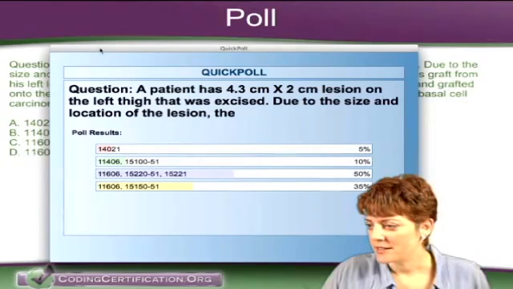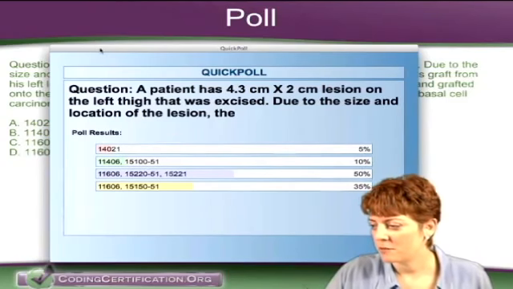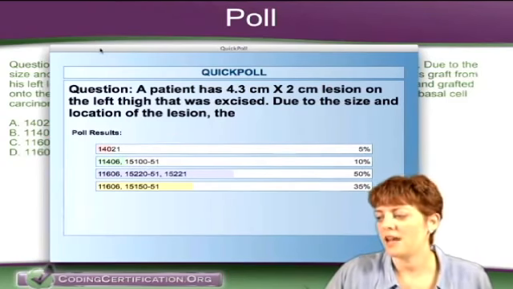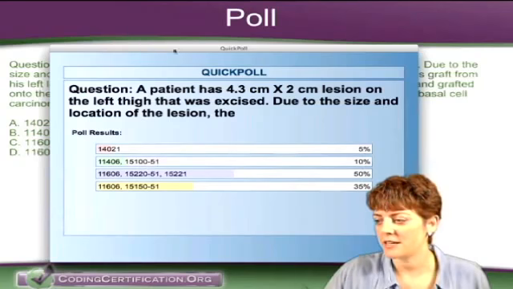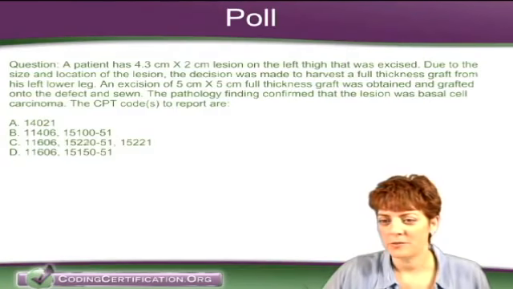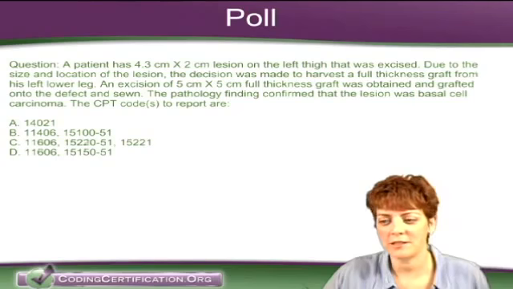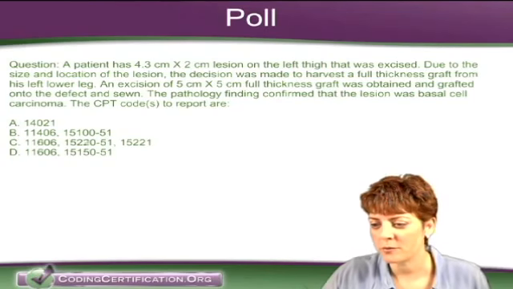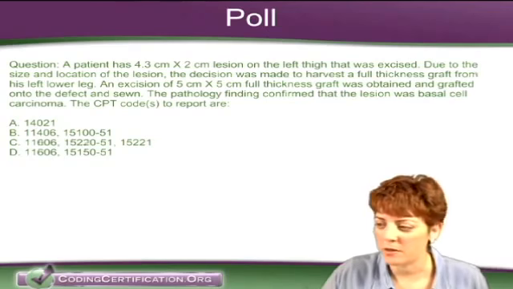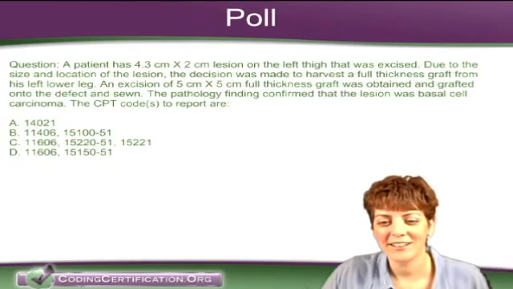So 5% voted for A, 10% for B, 50% for C, and 35% for D. Let's see how you did. And the student asking the question, she picked C as well as the majority of you. We'll have to make this into that game, Who Wants to Be a Millionaire? Who wants to be a coder?